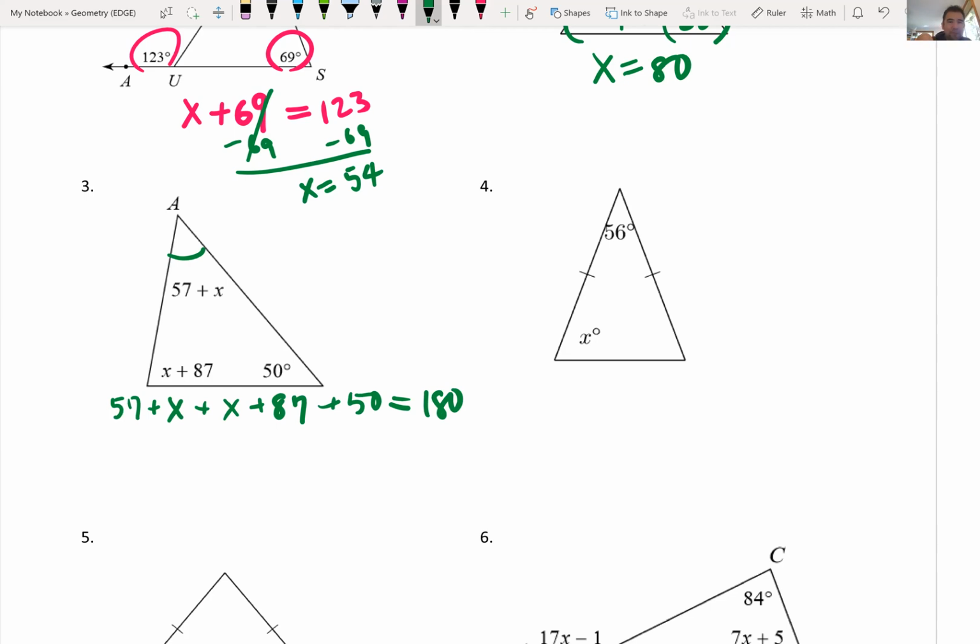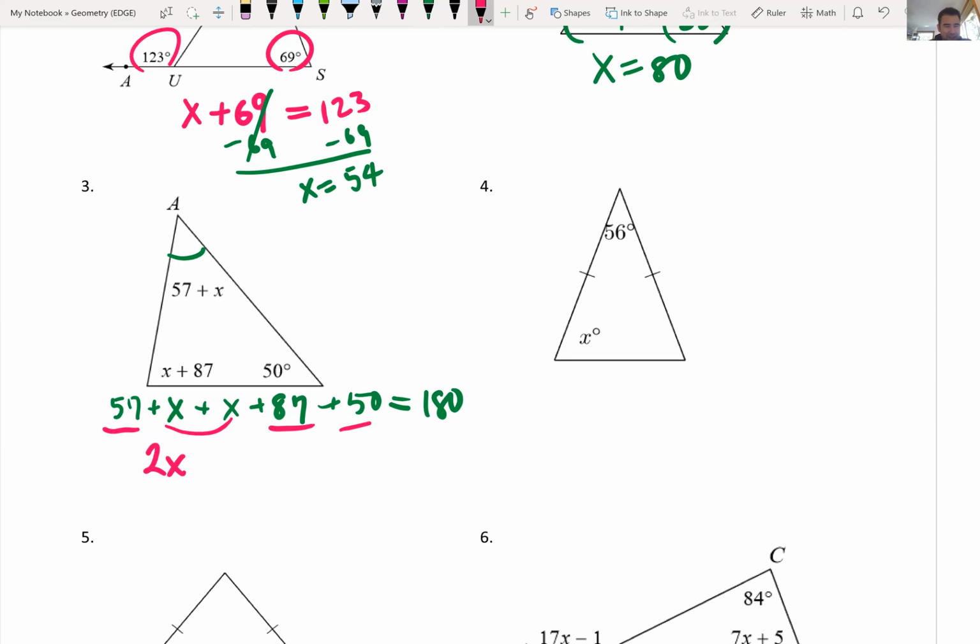Next, we've got x and x together on the same side of an equal sign. So let's add them together. That's 2x. And how about 57 plus 87 plus 50?